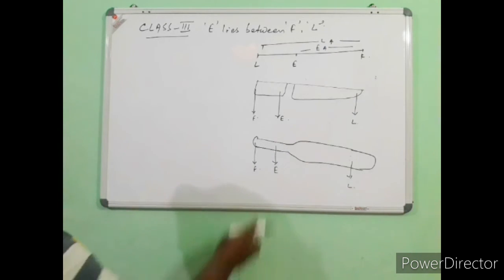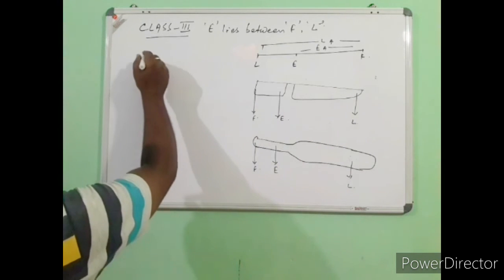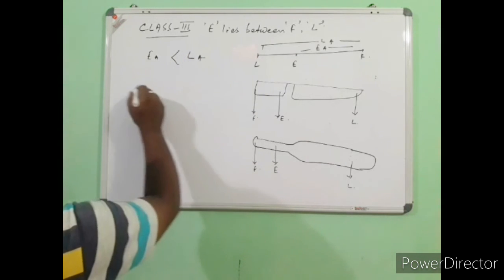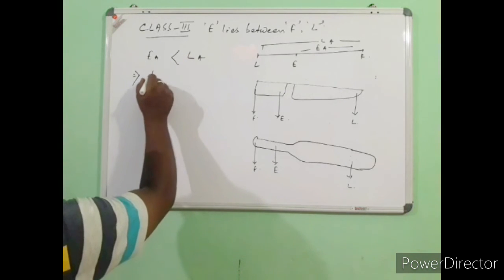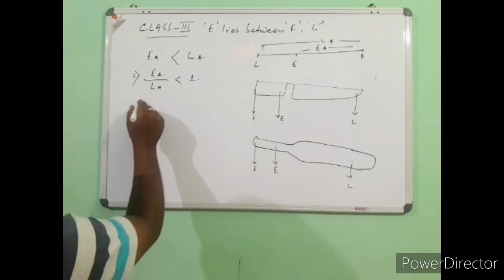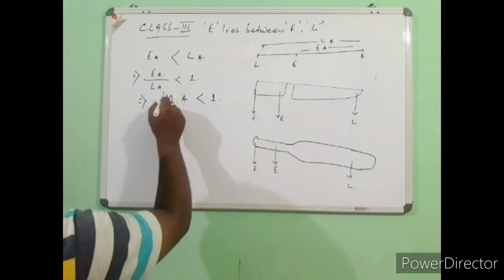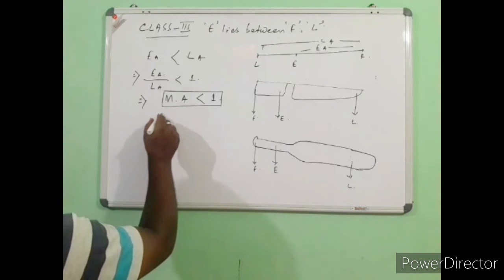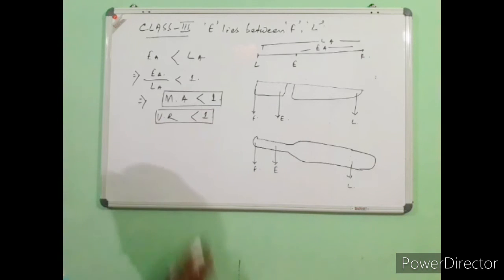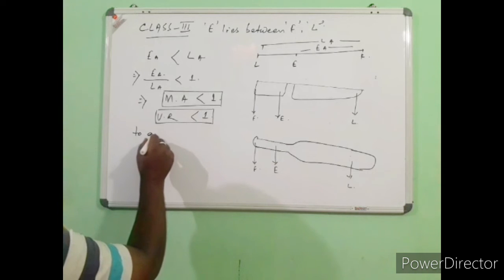So therefore, even by changing that effort between this load and fulcrum, we will be getting every time that effort arm is quite less than that of load arm, such that the ratio between effort arm and load arm is less than 1, or in other words we can say that mechanical advantage of this type of levers is less than 1, and also that velocity ratio is less than 1. So therefore these kind of levers are used to gain the speed.